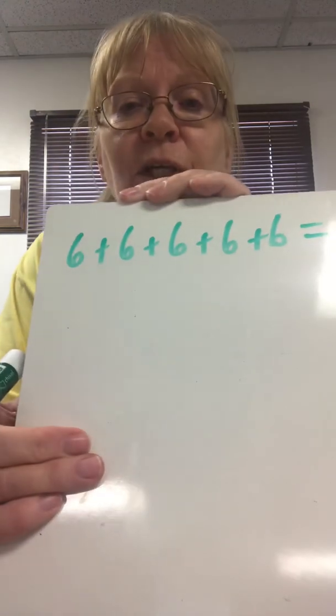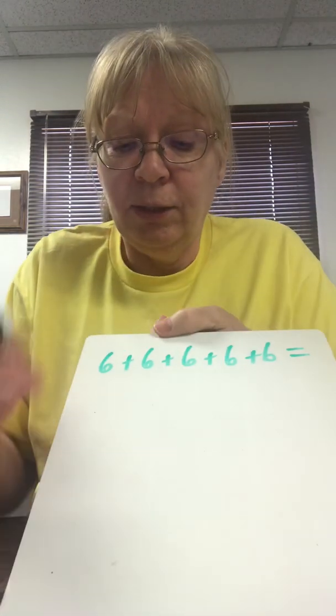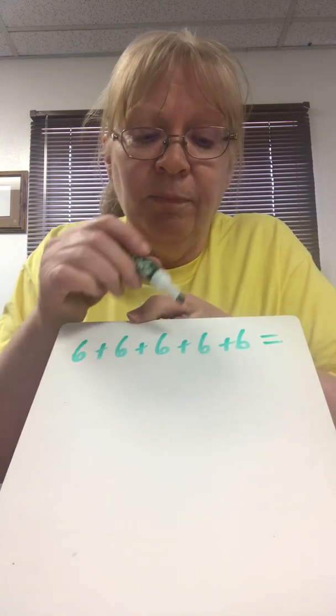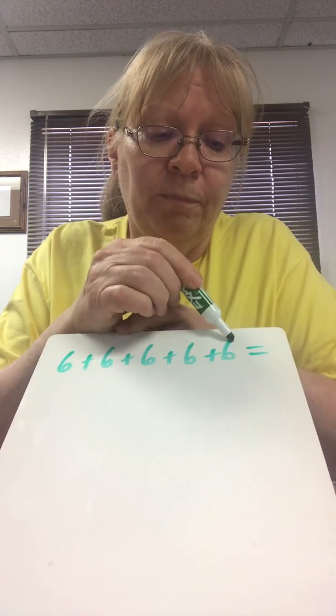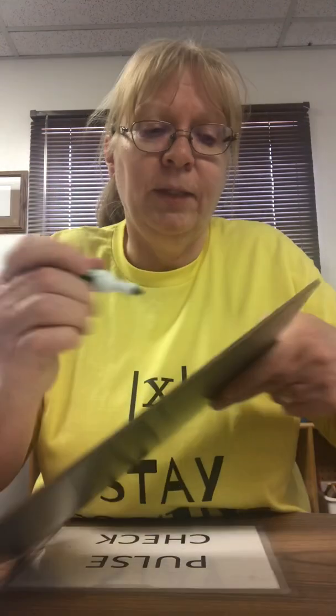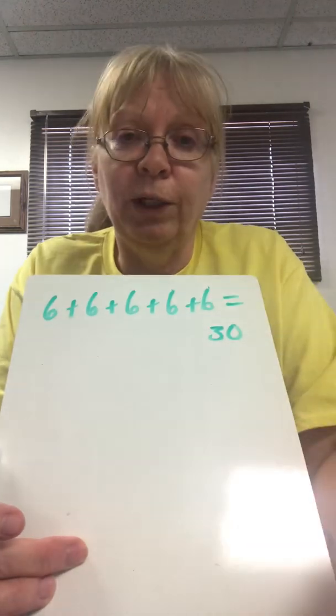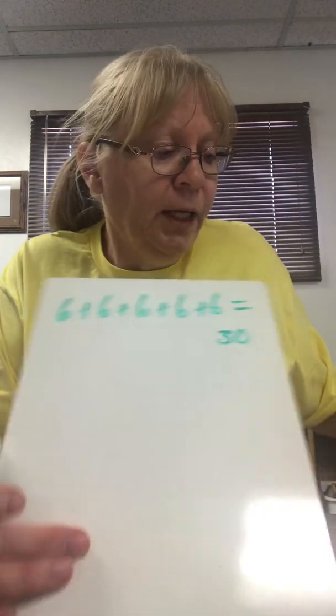Okay, this is another way of doing it. So 6 plus 6 is 12, 12 plus 6 is 18, 24, 30. That's another way of counting it out instead of counting every single square. Okay? All right, this is pretty simple.